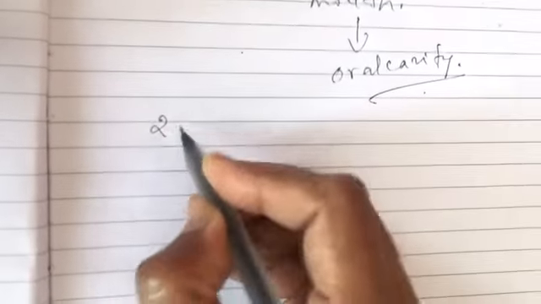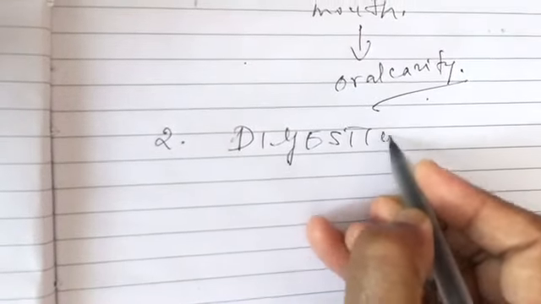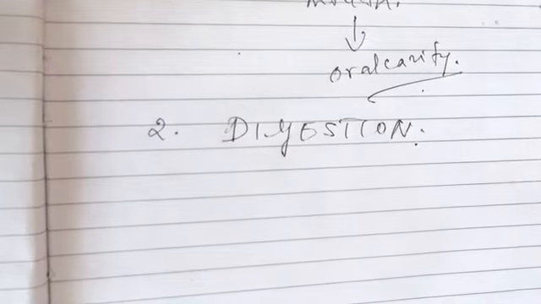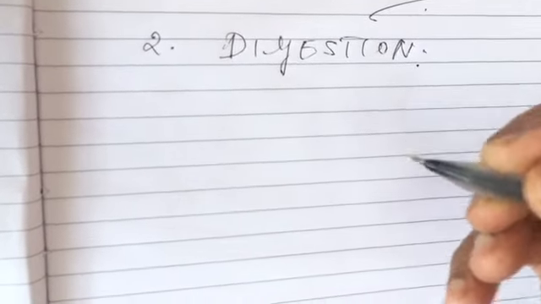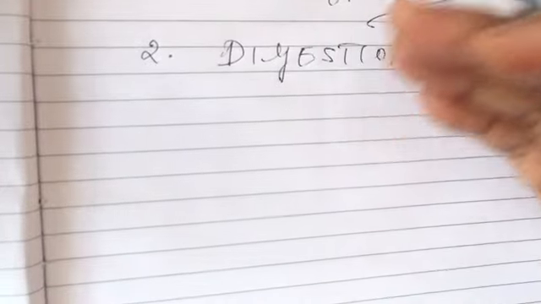Then, the second one is digestion. Digestion starts in the mouth itself. The rest of the digestion takes place in the stomach and small intestine. Digestion begins in the mouth, then stomach and small intestine.